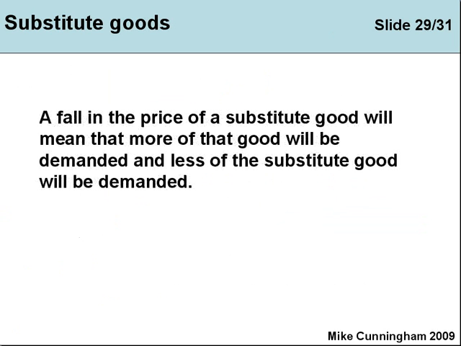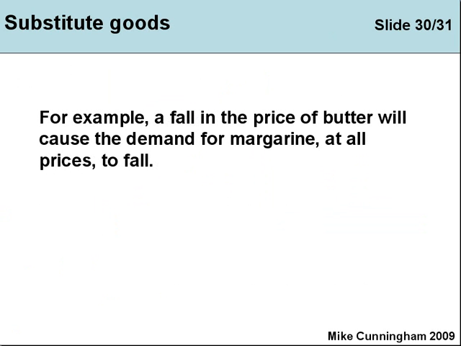A fall in the price of a substitute good will mean that more of that good will be demanded and less of the other substitute good will be demanded. For example, a fall in the price of butter means more butter will be sold.